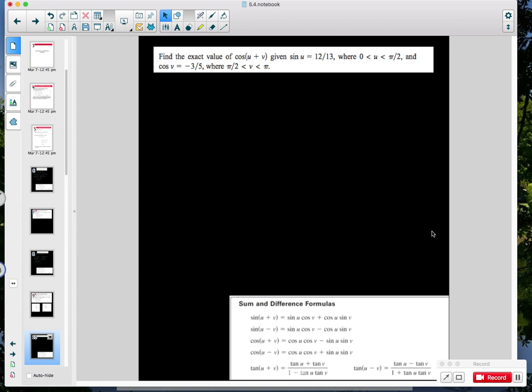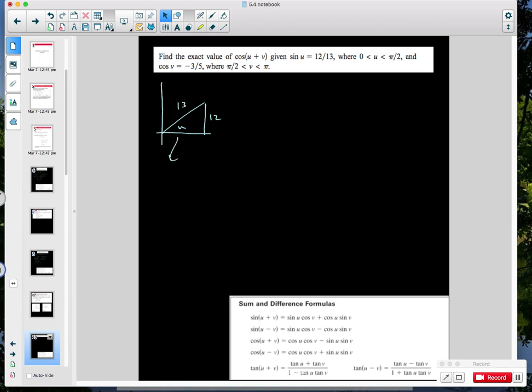So u is in what quadrant? 1. Okay, very good. And v in quadrant 2. You agree, Janine? Yes. Good. So quadrant 1 for you. And I have sine is opposite over hypotenuse, so it's 12 over 13.